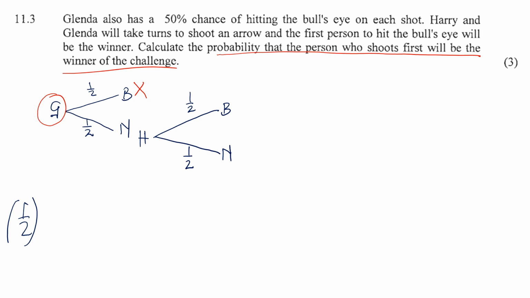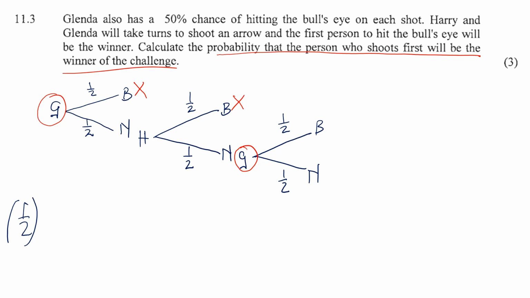When we call Harry, let's assume Harry does not hit either. Then it's Glenda's turn again, so Glenda again has two possibilities: she either hits or does not hit, 1/2 and 1/2. But we are particularly interested in the first person we called, and the probability that they will be the winner.